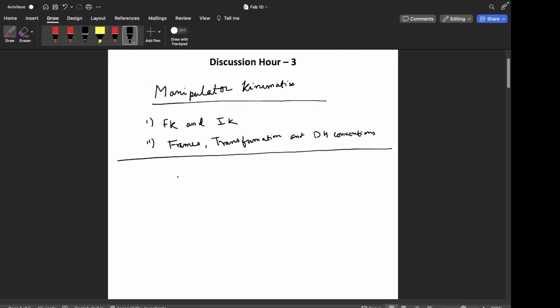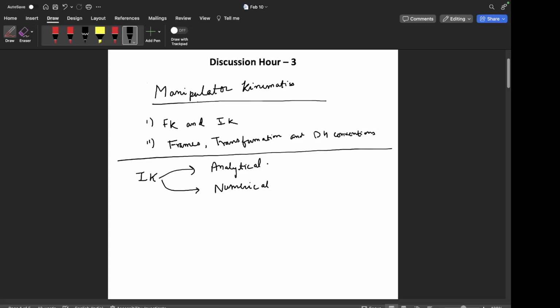Okay, so let's start today's content. Last week we covered till inverse kinematics and we solved a few questions around that. We saw that inverse kinematics can be done analytically and also numerically, right? If you have seen the recording of the session, I mentioned the two approaches, analytical and numerical.